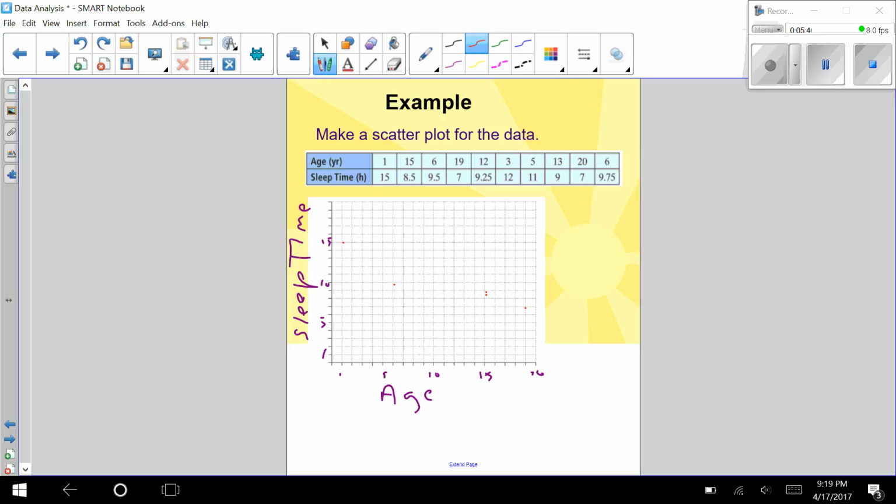Ooh. 3, 12. 5, 11. 13, 9. 2, 7. And 6, 9.75.